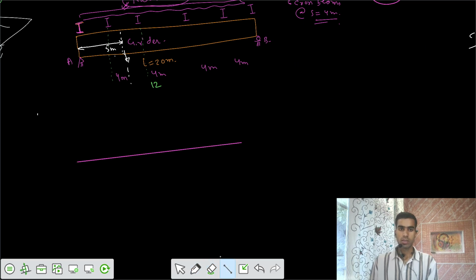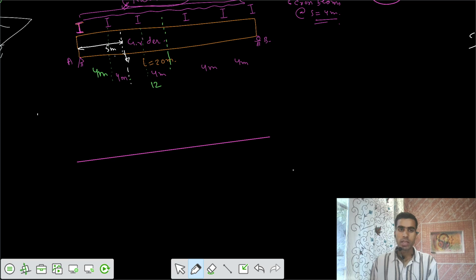So this is the reference line we have, and after that I have to ensure those critical points. Let's say that from the support, this is 4 meter, this is 4, and the total is 20. That means 10 meter would be somewhere here.